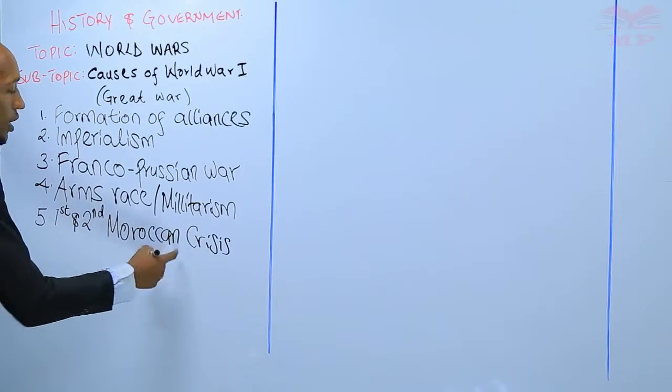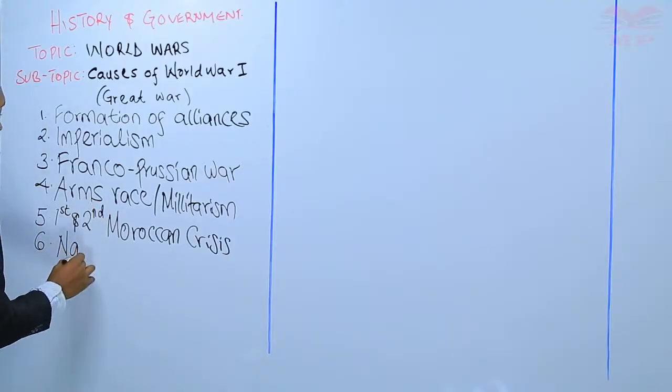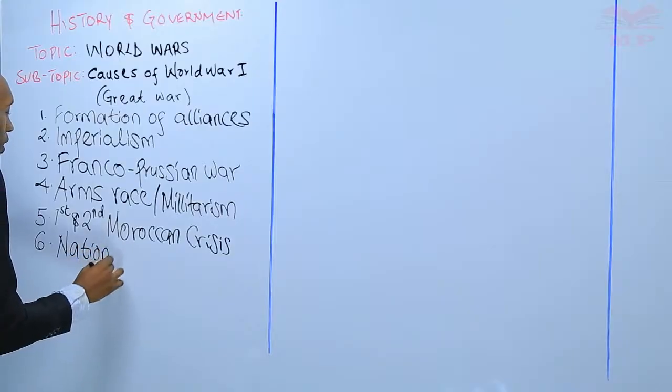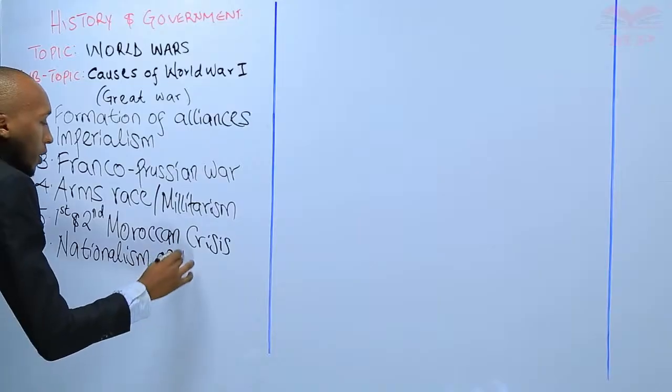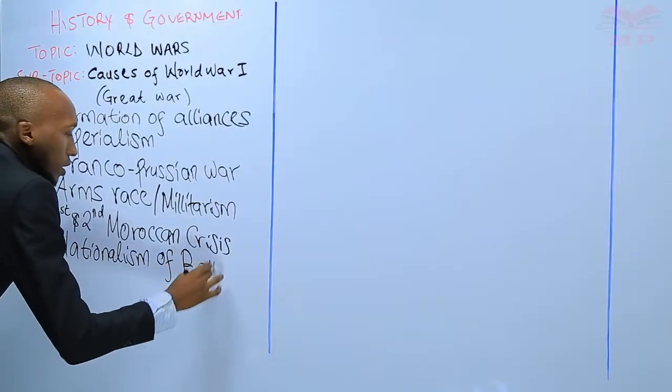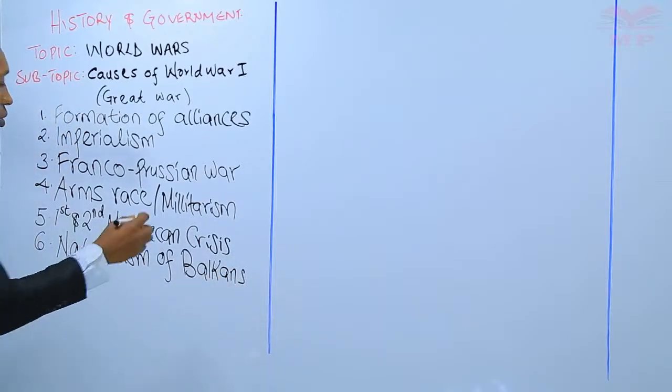So we get the word Moroccan crisis. And then number 6, we are going to look at the nationalism of Balkans. These are a people in Europe. We are going to discuss them.